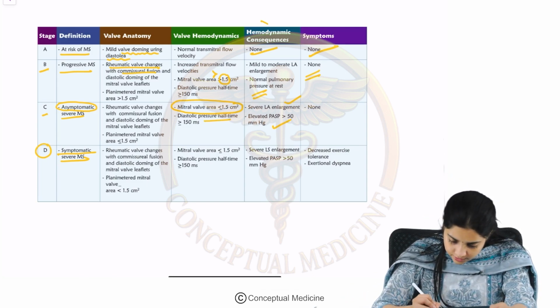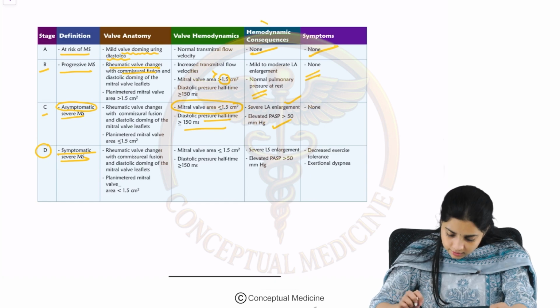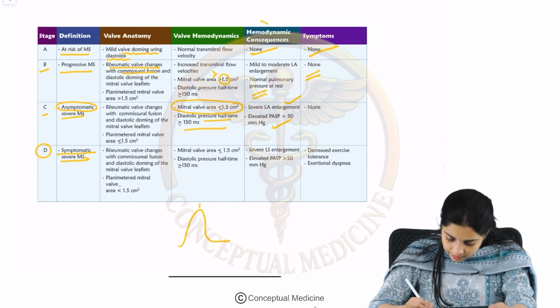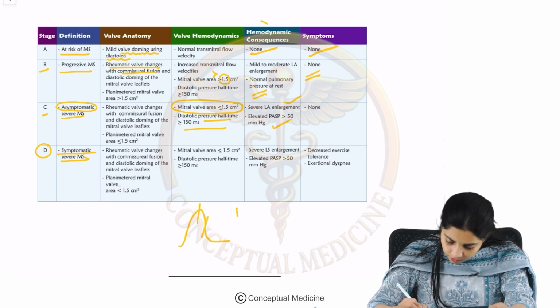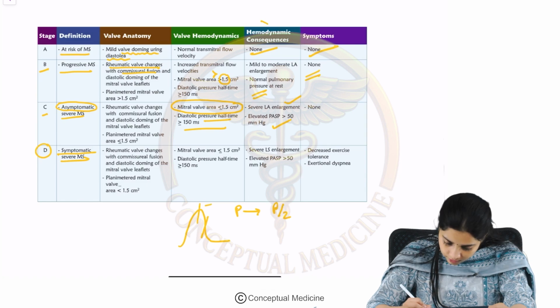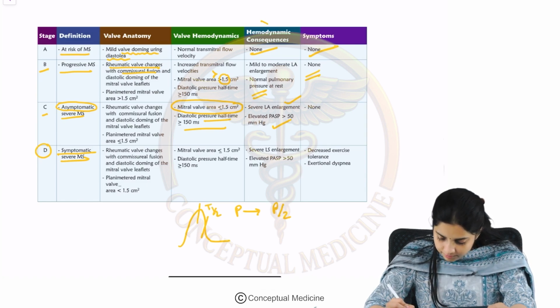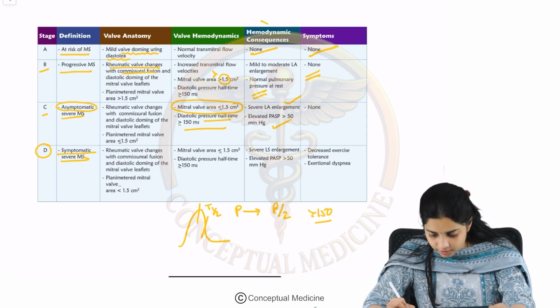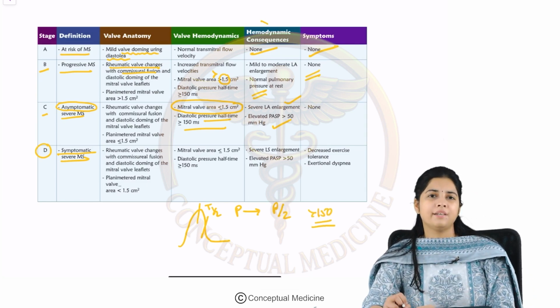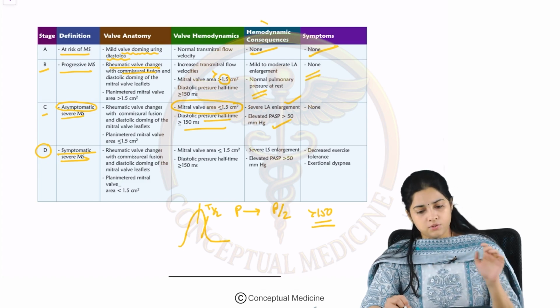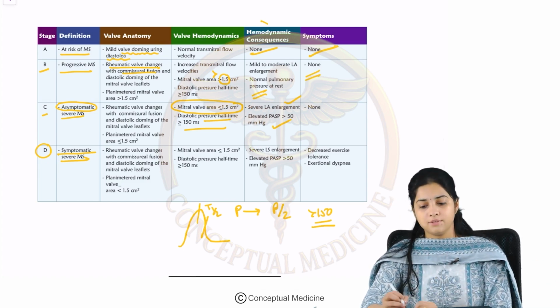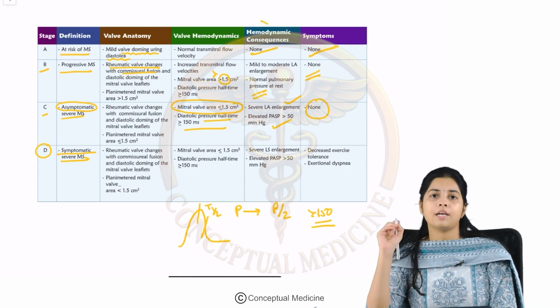And this is your diastolic pressure half time, which basically means that wherever there is a pressure gradient, the time taken for the pressure to drop to half is what we call the pressure half time. So the pressure half time is also increased, more than 150. So these are all indications of severe MS. So they have already progressed to severe MS, but still they do not have any symptoms.